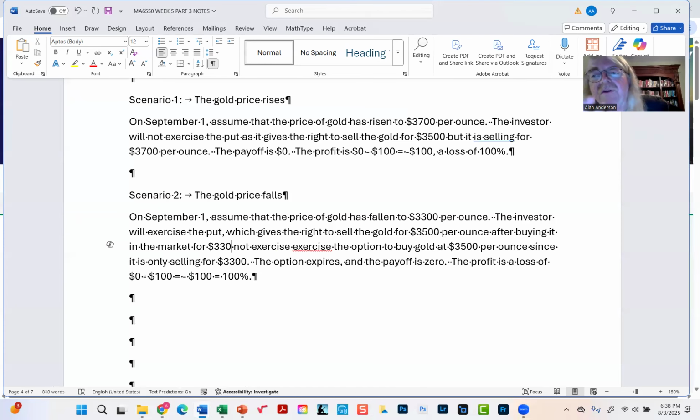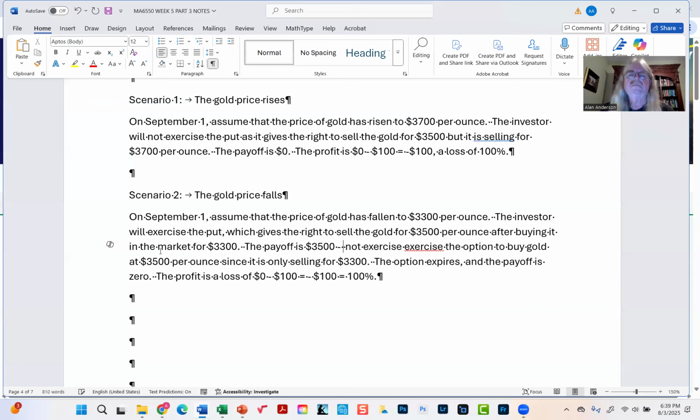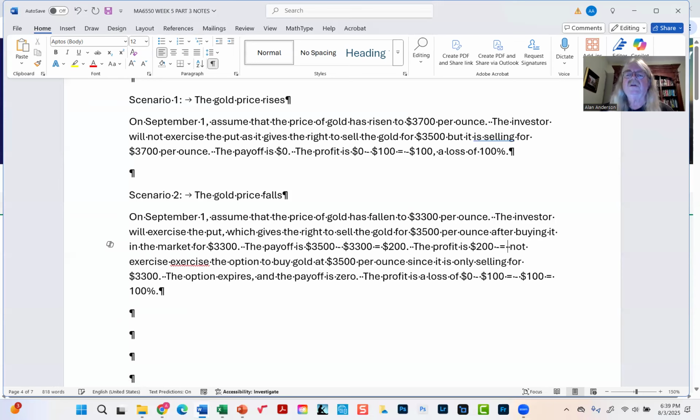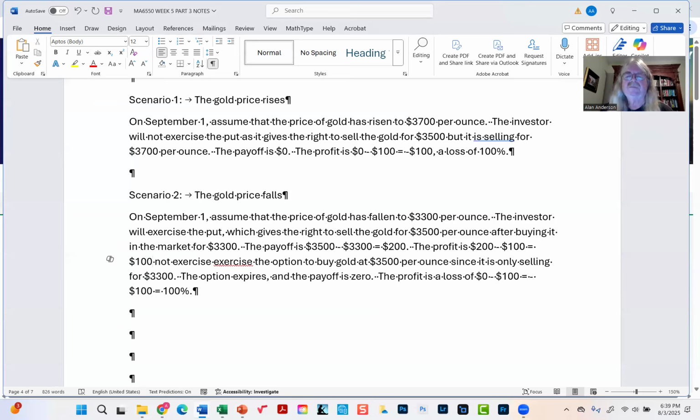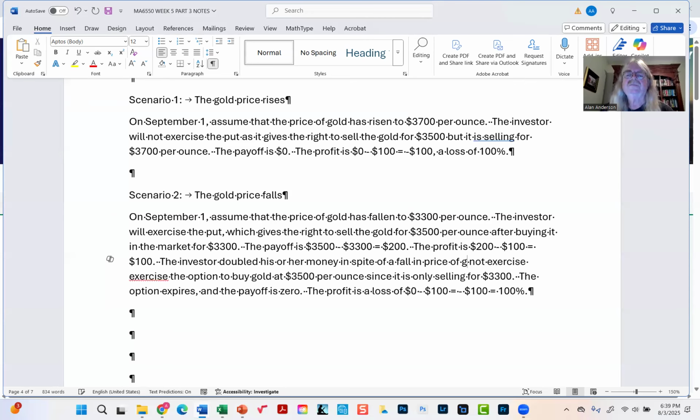So you go to the market, you buy the gold for 3,300, you use your put to sell it for 3,500, and you have a payoff of 200. The profit is 200 minus 100, which means, again, you doubled your money. The investor doubled his or her money in spite of a fall in price of gold.